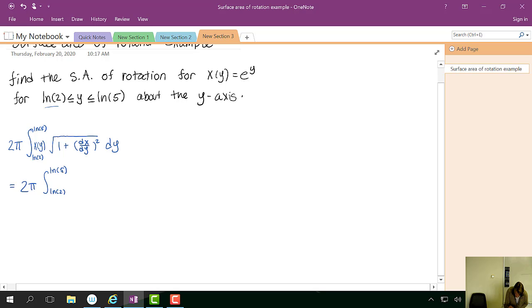Cool, and just to set things up over here: if x is equal to e to the y, what is dx/dy equal to? E to the y, right? It's its own derivative.